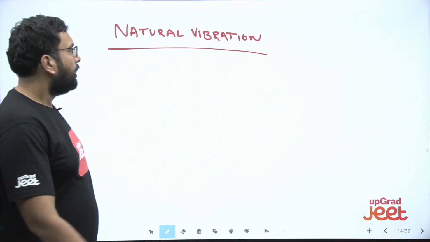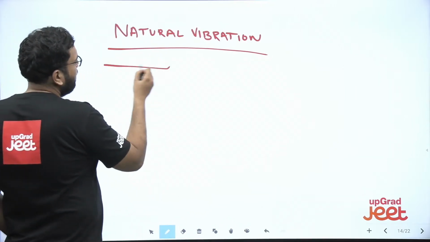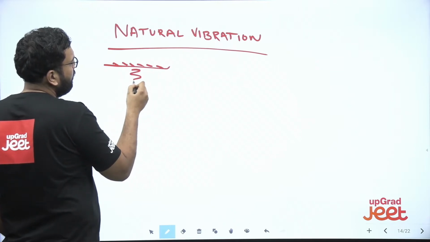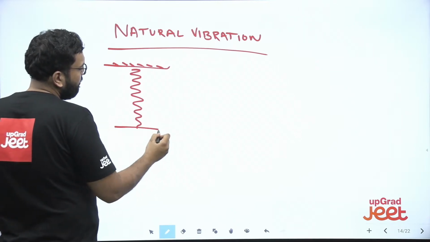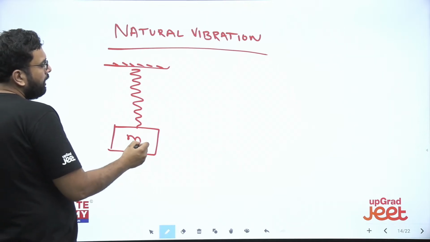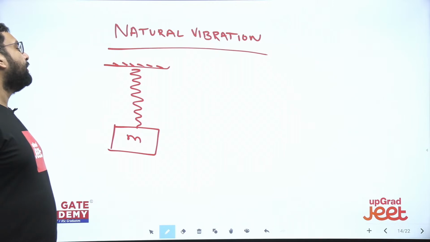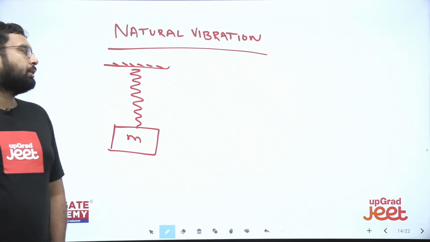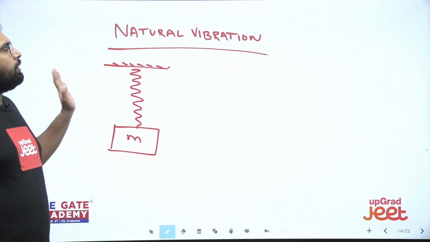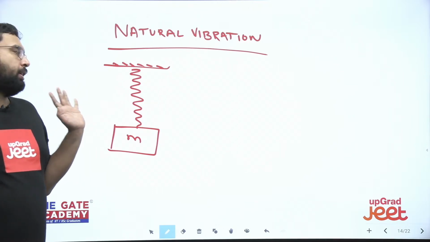First of all, a very simple method. Suppose we have a spring and a mass attached to it. If I consider this spring to be massless, अगर spring को massless पकड़ लें, तो ये एक basic natural vibration system की representation होती है.